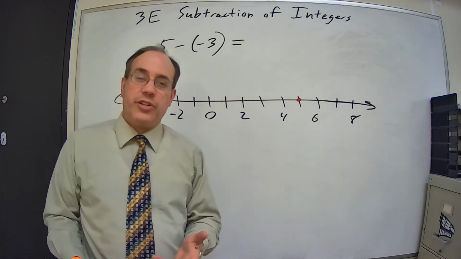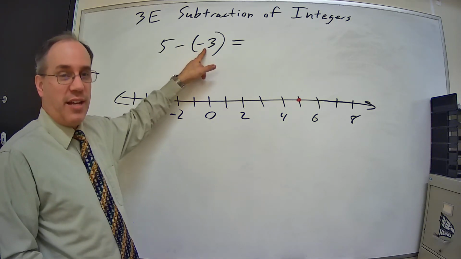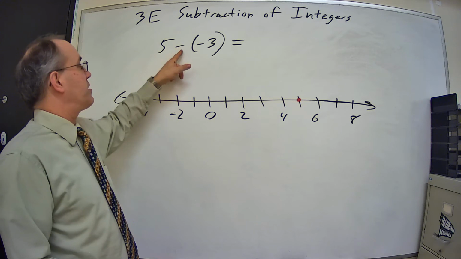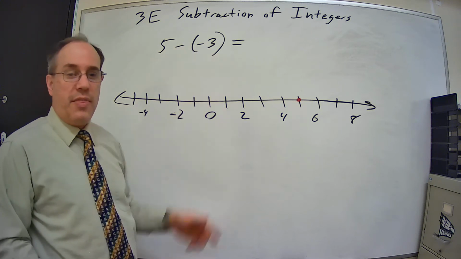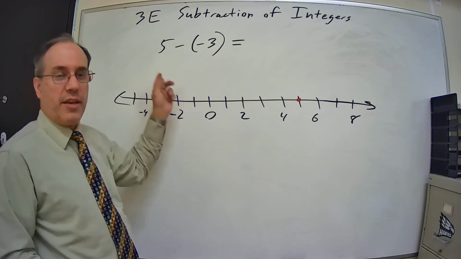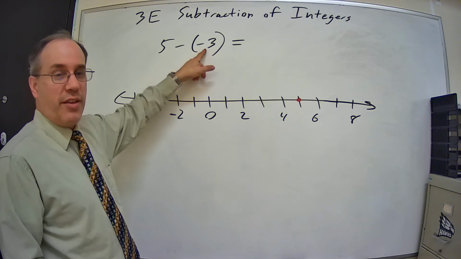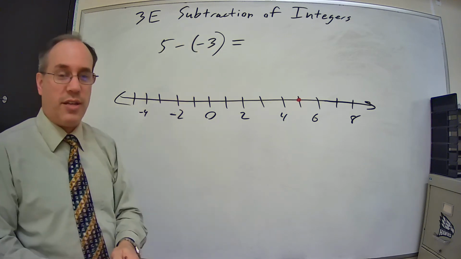With subtraction, this tells us to do the opposite of whatever this sign is telling us. So if we're going to subtract negative 3, that's telling us don't make this go to the left, make it go to the right. So the subtraction is going to change the sign of this, or the direction that it points us.